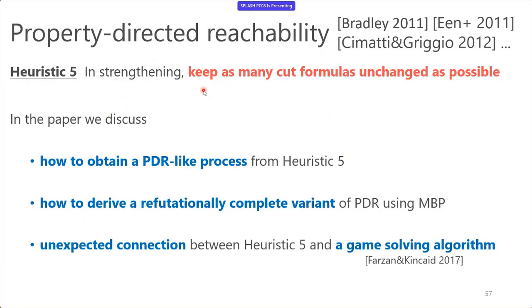Based on this simple, declarative principle, in the paper we have reconstructed a PDR-like algorithm. Furthermore, we have derived a refutationally complete variant of PDR using model-based projection based on this principle. And in the paper, we have also established an unexpected connection between heuristic 5 and an existing efficient game-solving algorithm.